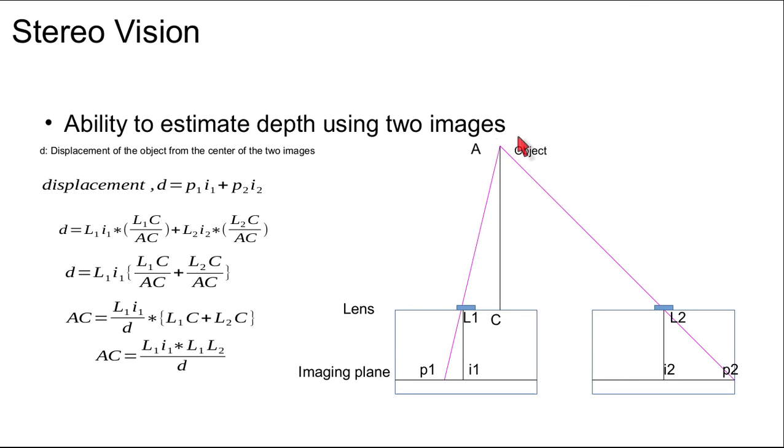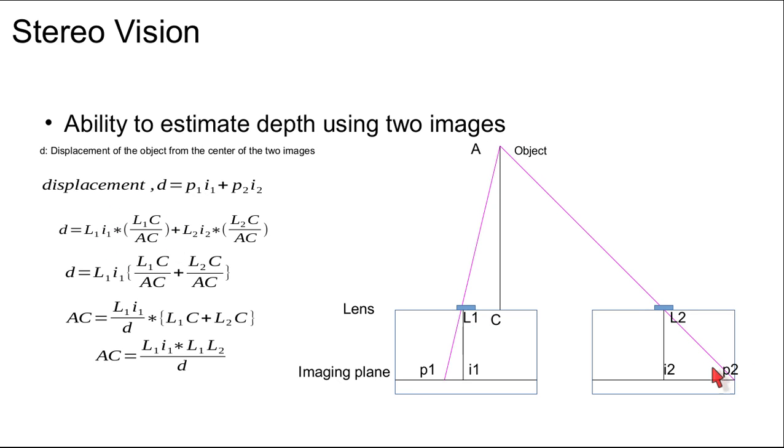In the case of a pinhole camera, the triangle ACL1 is similar to triangle L1 I1 P1. And by using elementary geometry, you can say that P1 I1 is equal to L1C divided by AC and multiplied by L1 I1. So P1 I1 is this part.